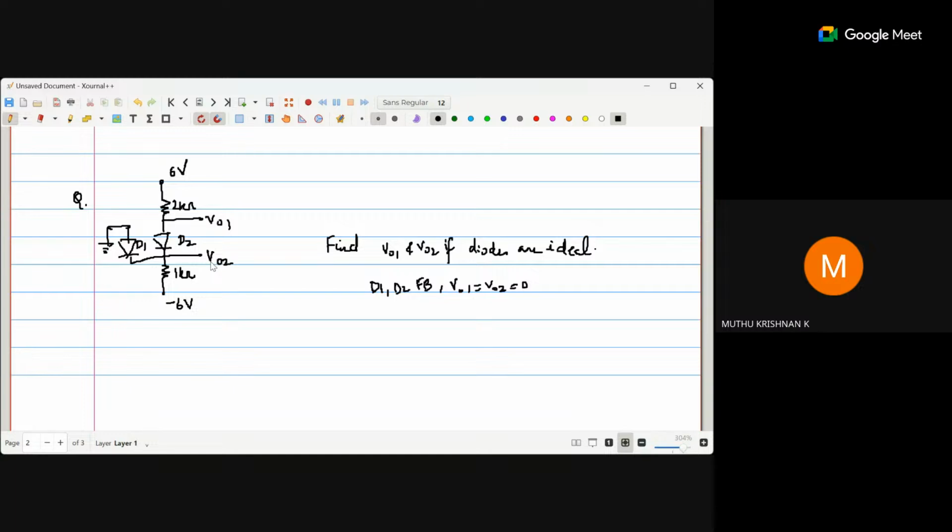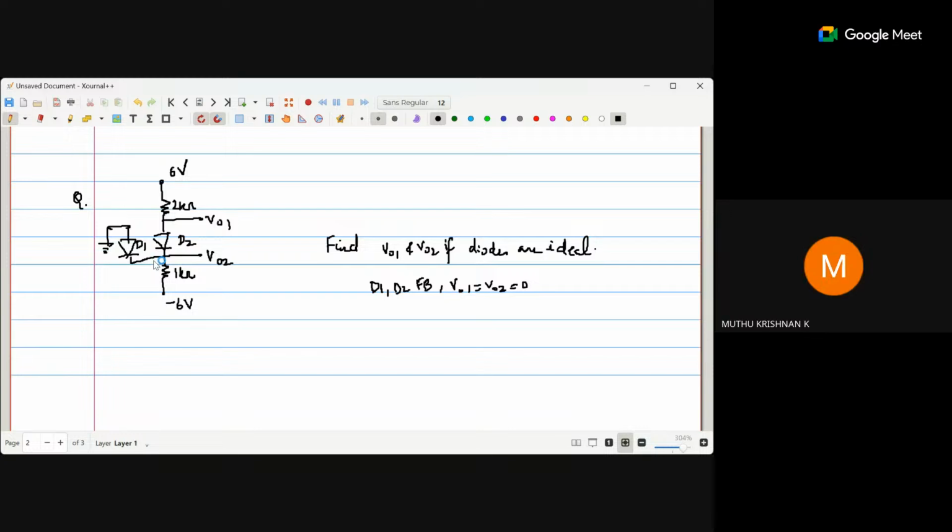So if we assume D1 is conducting, I mean just D1 is conducting, then here you have 0 volt, minus 6 volt here. It is not ground. No, ma'am. I'm saying the anode of D1. Yeah, that I understood. Since the anode is 0 volt, the cathode of D1 can be at a negative voltage, right?